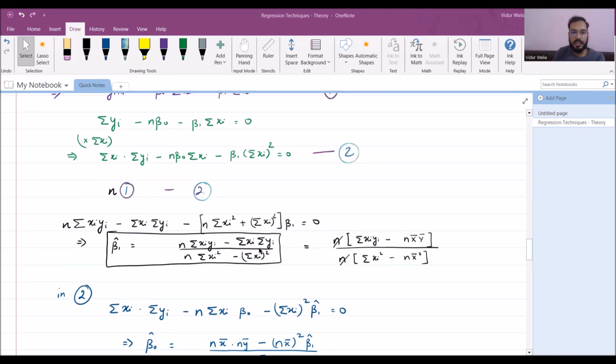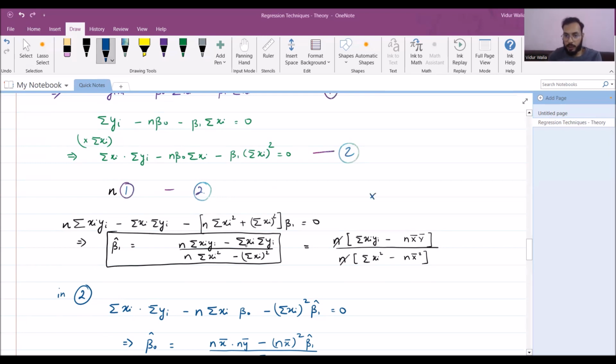And when I just rearrange this equation to get beta 1 alone, I get n sum of xi yi minus sum of xi sum of yi. This goes that side and I get in the denominator n sum of xi square plus sum of xi whole square, right? Now just keep in mind that I can write sum of xi. What is the value of x bar?